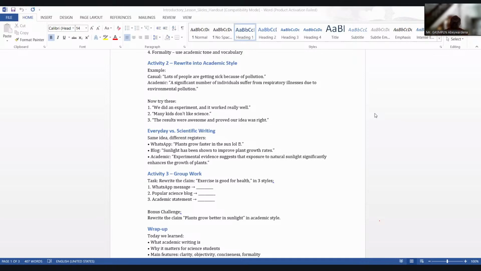We can say, what is the other one? Exceptional, yeah. The results were exceptional, and we can say demonstrated our idea. You can say it is consistent with the idea.